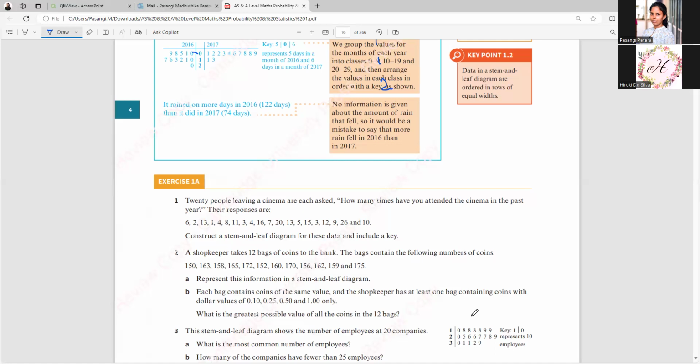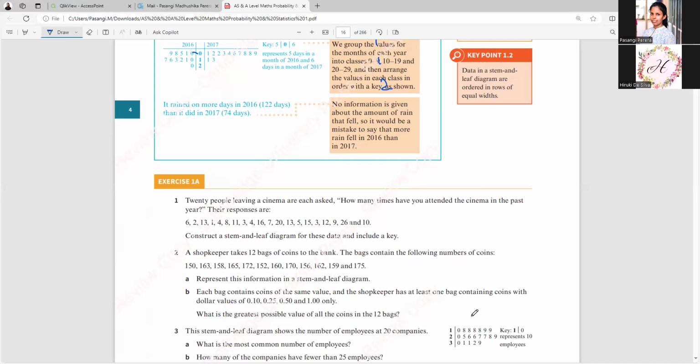Yeah, so here they have given the 12 bags. The bags contain the following numbers of coins. A number of coins they have given, and the dollar value would be 0.10, 0.25, 0.50, 1.0 only. Now they are asking what is the greatest possible value of all the coins in the 12 bags?